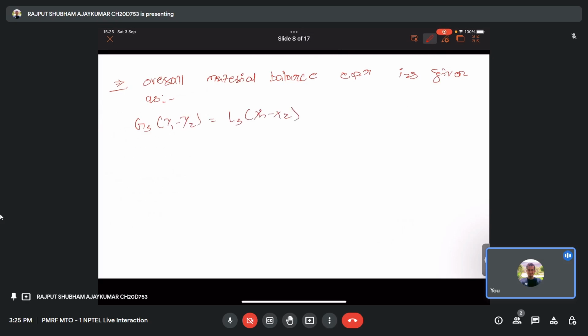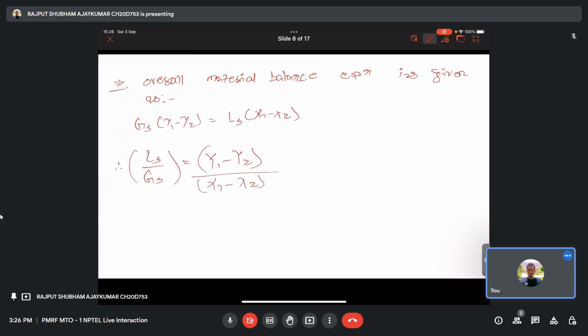X1 and X2 are the mole fractions in the liquid, and Y1 and Y2 are the mole fractions in the gaseous form. GS and LS are the rates of the gas flow and the liquid flow on a solute-free basis, in moles per time. On rearranging the above equation we get LS by GS equals (Y1 minus Y2) divided by (X1 minus X2).